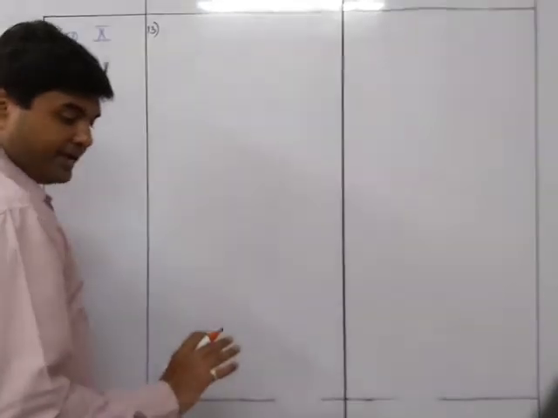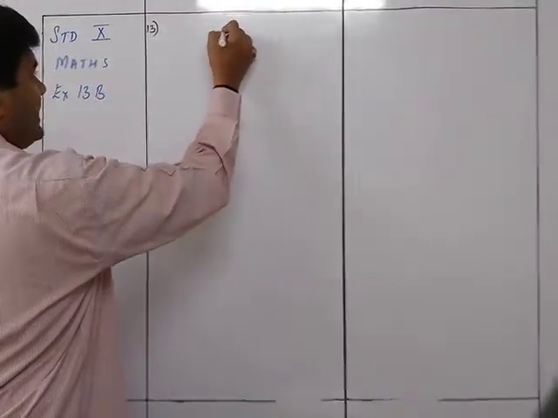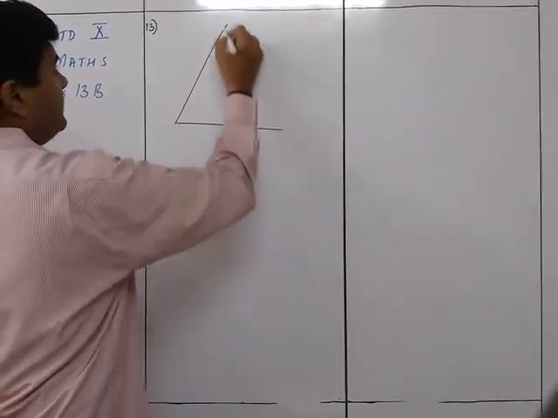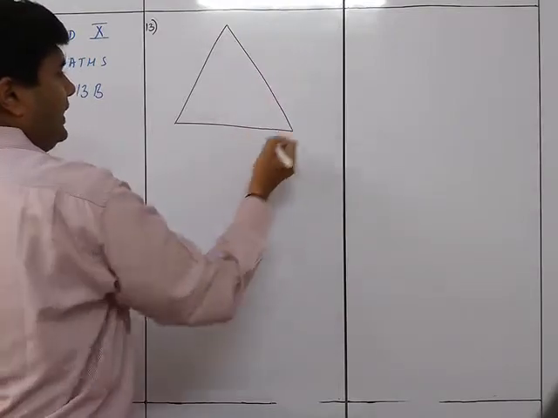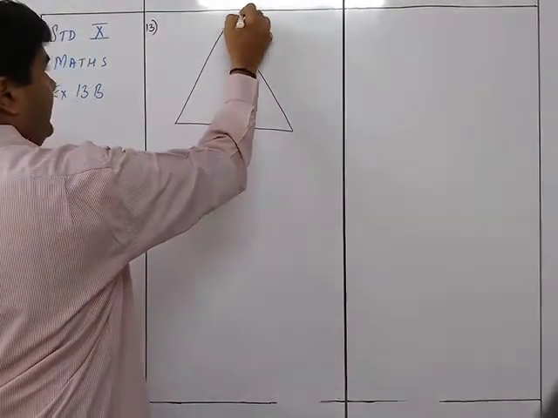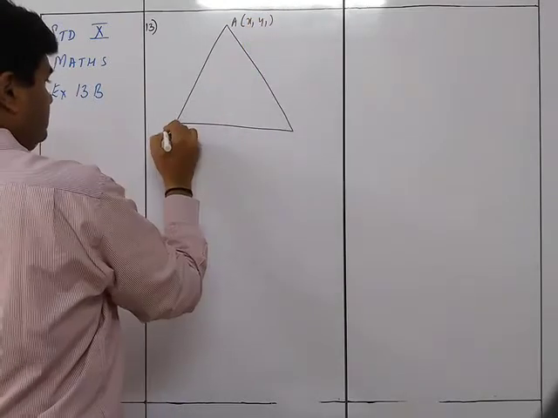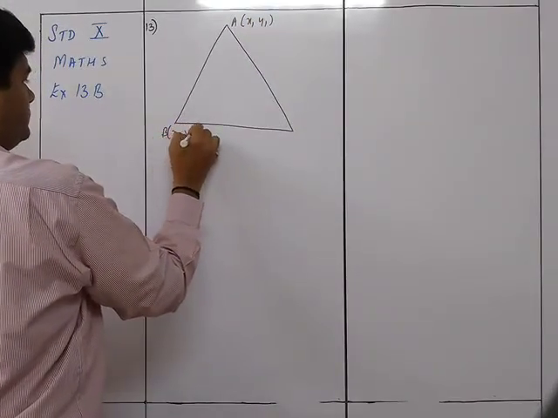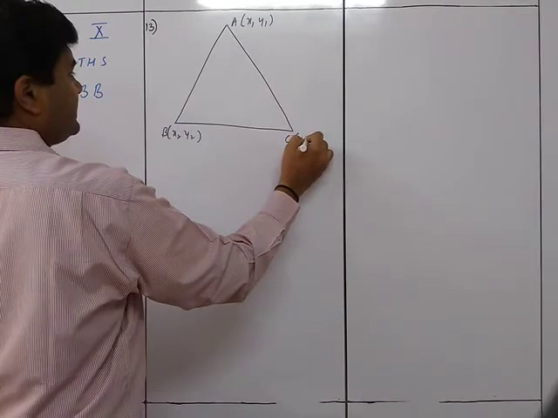We have the points 2 comma minus 1. So we have a triangle over here, and this is point A, which is x1 y1, point B, which is x2 y2, C is x3 y3.